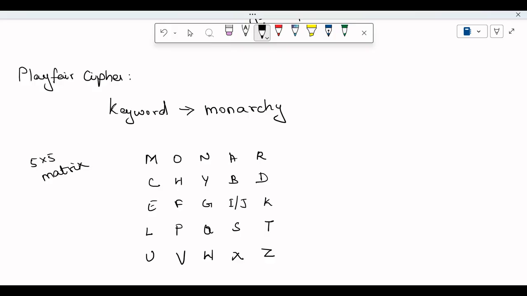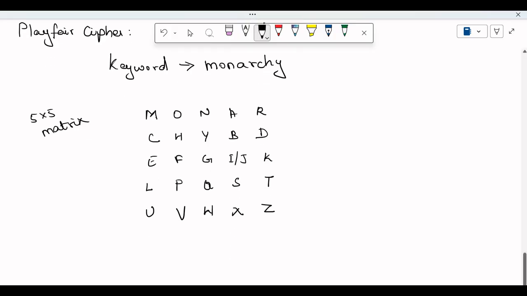Right. Now the next step is to proceed with encrypting the plain text. Using this matrix, we are going to encrypt the plain text. The plain text is encrypted 2 letters at a particular point of time. I take 2 characters from the plain text and convert them into a 2-character cipher text.